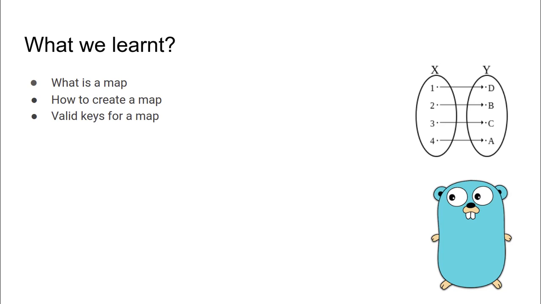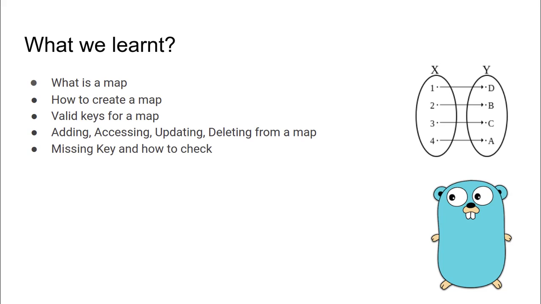Keys of any data type which can be compared for equality can be keys in a map in Go. We saw how to add, access, update, and delete values from a map. We also saw how to check for missing keys in a map. We saw how to check the length of a map, and at the end, we saw that maps are always passed by reference.